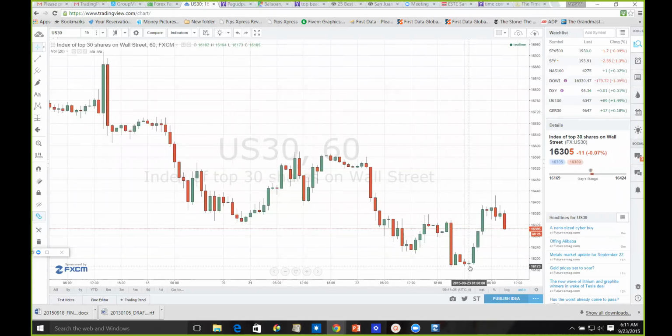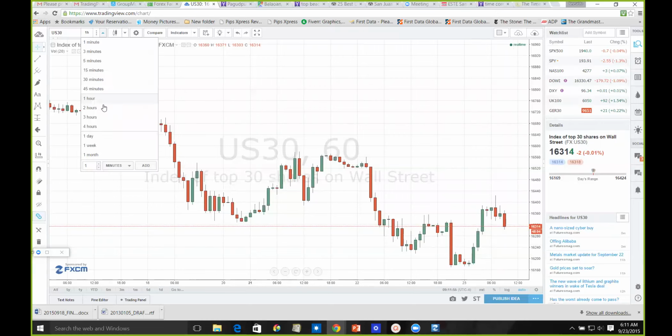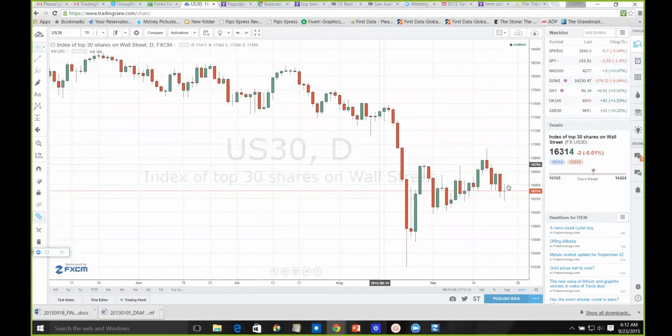Yeah, 1 o'clock in the morning. So what is the plan? The plan is that if this creates a higher low, then I'm back in on the long side. Based on the daily time frame, it can't really beat this bearish candle. We have a new lower low, and then below is 16169, 16159.